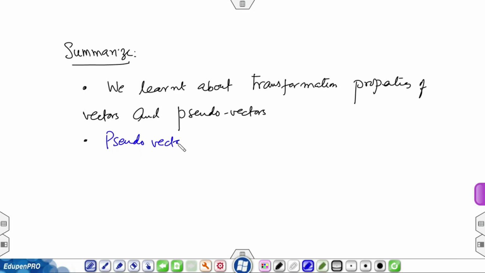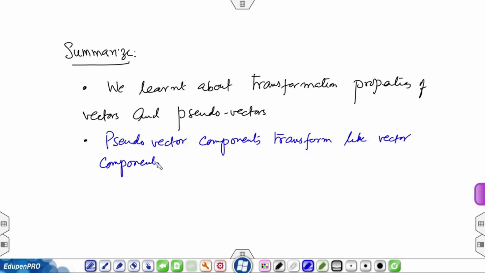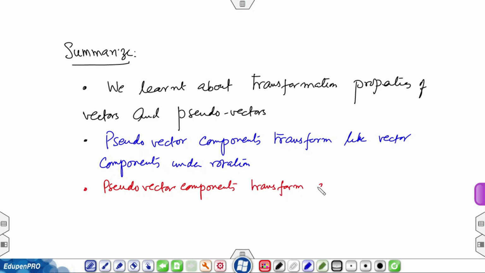Pseudo vector components transform like vector components under rotation, and pseudo vector components transform differently.